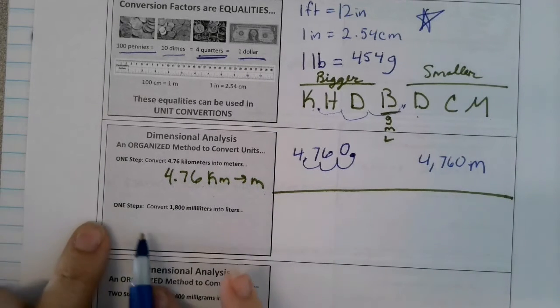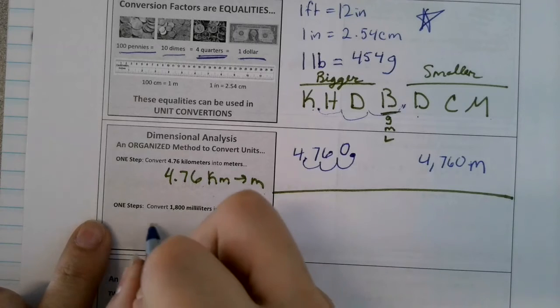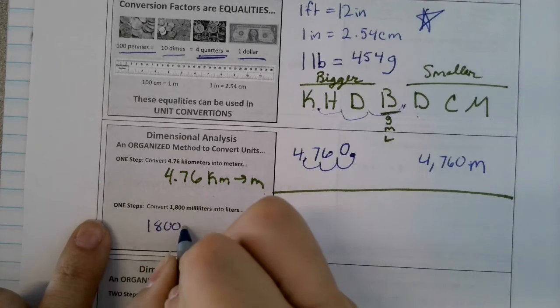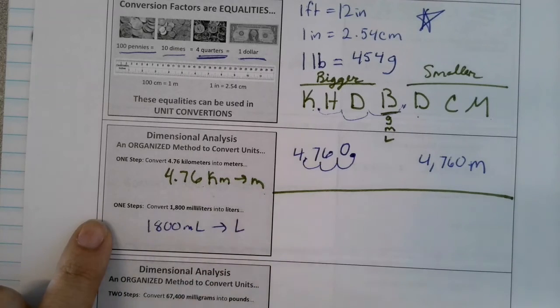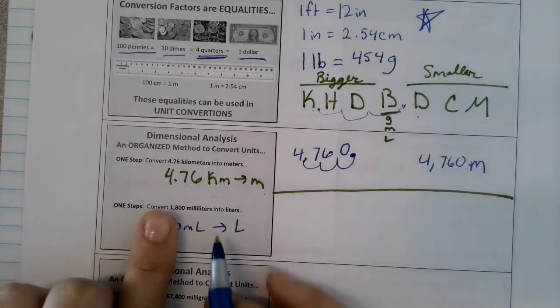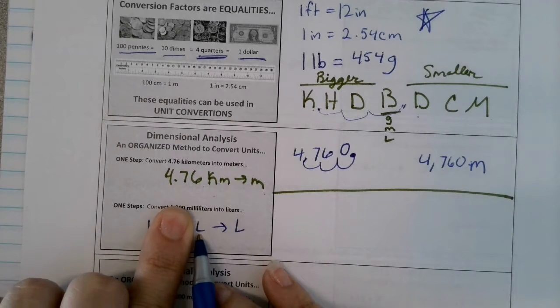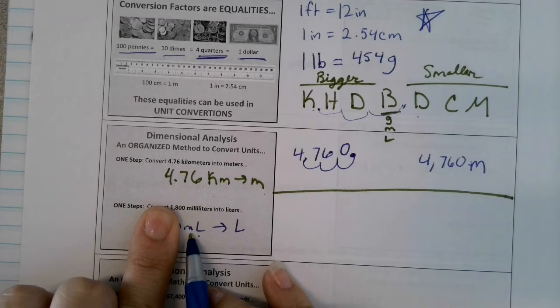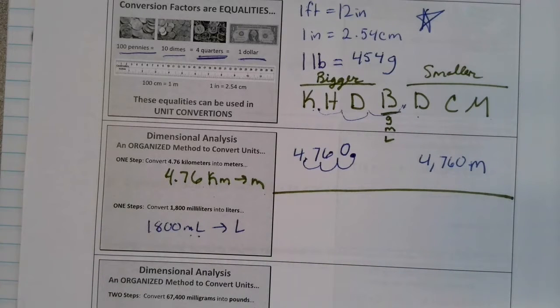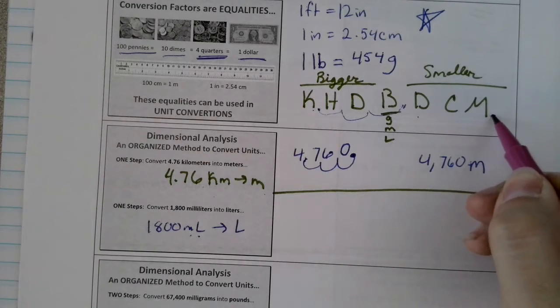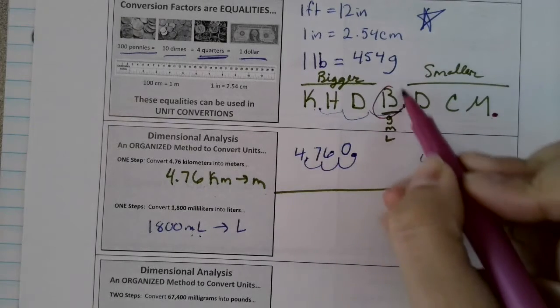It's the same thing with our milliliters to liters. If I'm starting off with 1,800 milliliters and converting to liters, L tells me I'm in liters. The little m tells me I'm at milli. So in this case, I am looking at milli, and I am wanting to convert to my base.